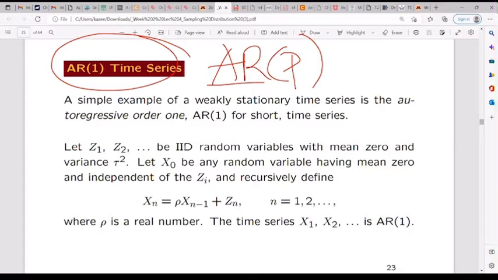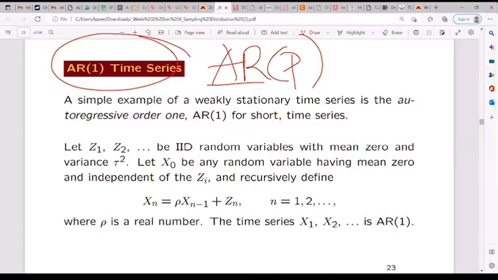It's just like the price of stock today: I'm relating the price of stock today with the previous existing days. If I relate what happened today with what happened yesterday, that is an AR1.